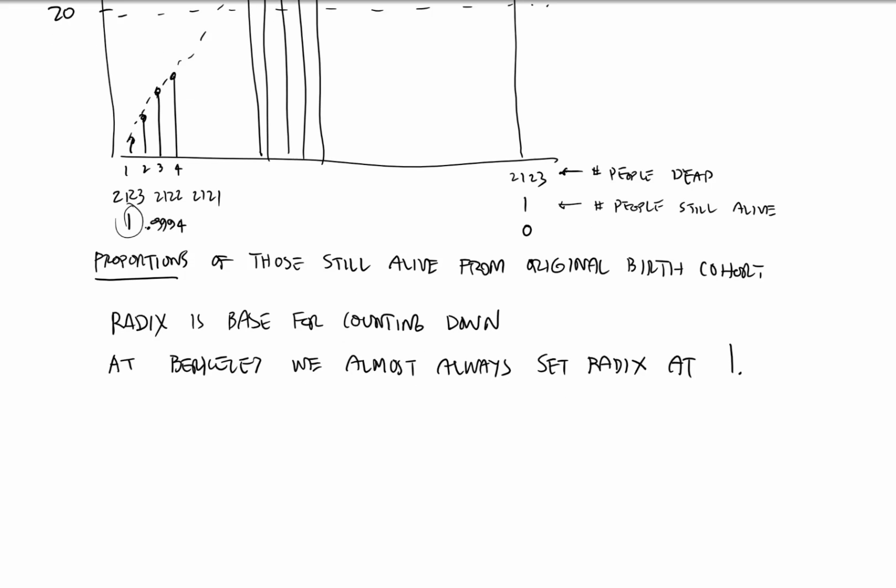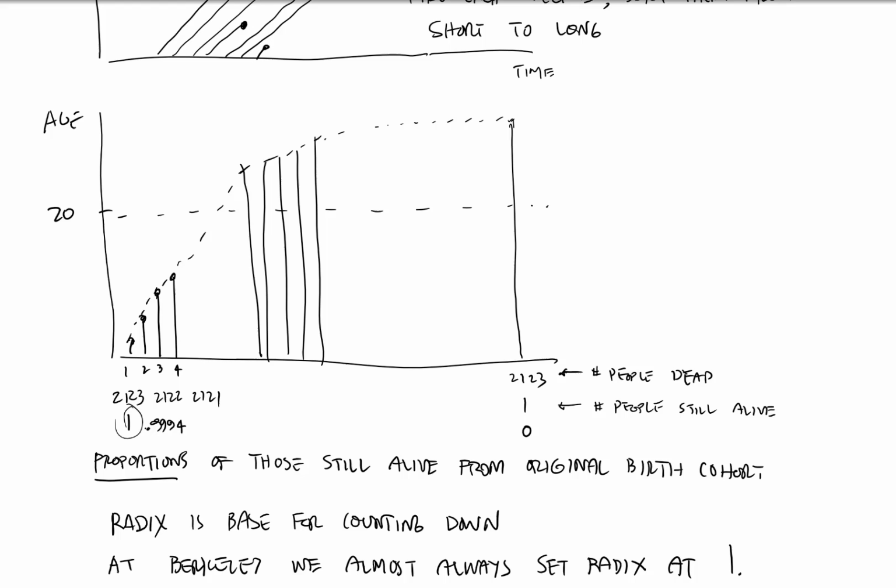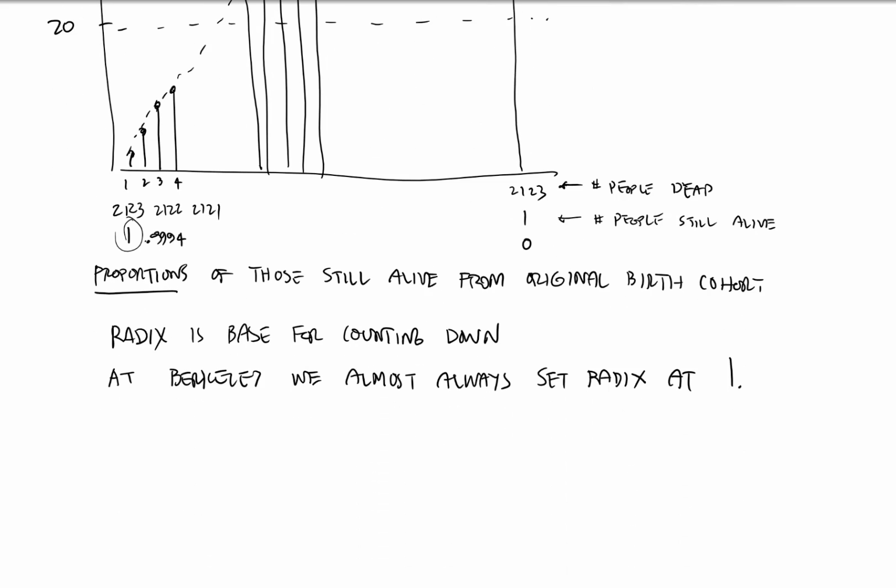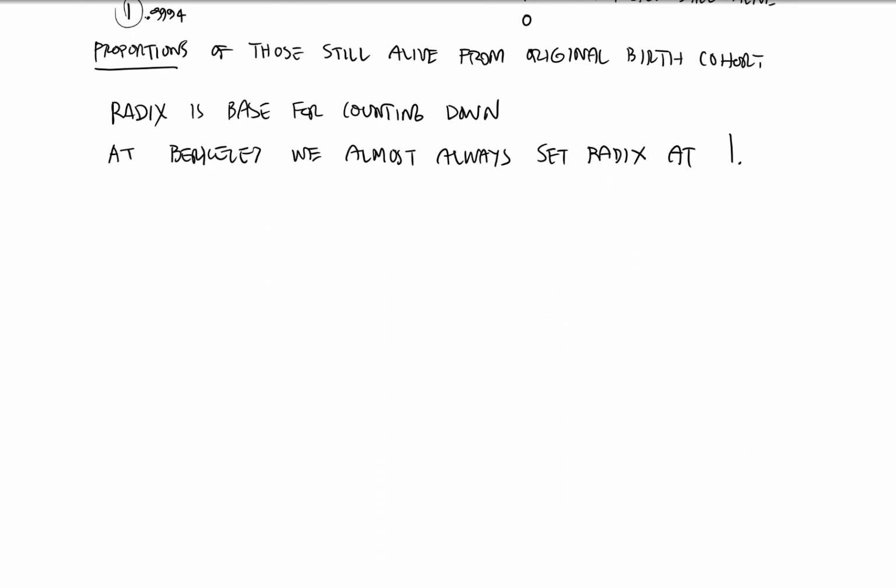Now, it turns out that in demography, we don't actually typically draw the picture this way. What we typically do is we flip it. Right now we have the number of people, or the proportions, on the x-axis, and we have age on the y-axis. We're going to flip that. And in demography, we typically do it like this.